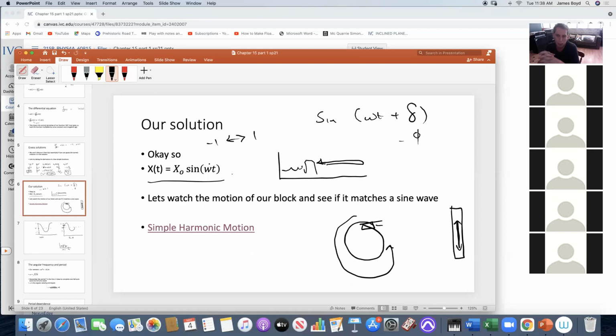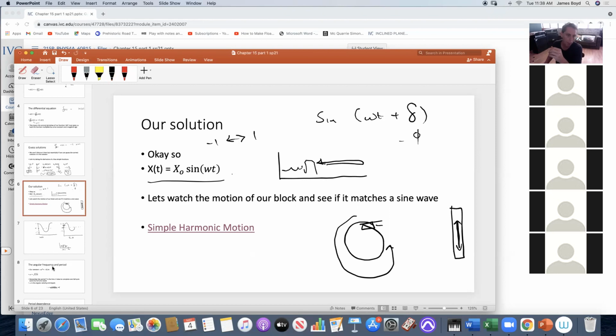We'll talk about that in a minute. But essentially, we are still only worrying about the x coordinate, but that sine omega t tells you what part or what region it's in as it varies with time.